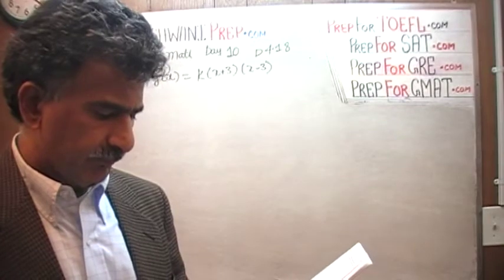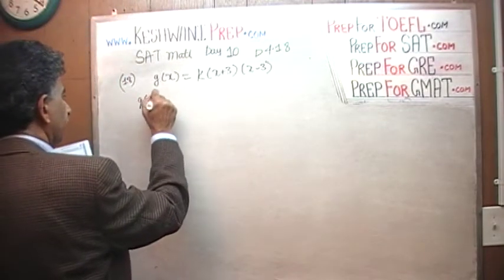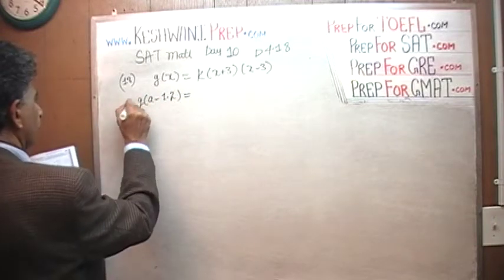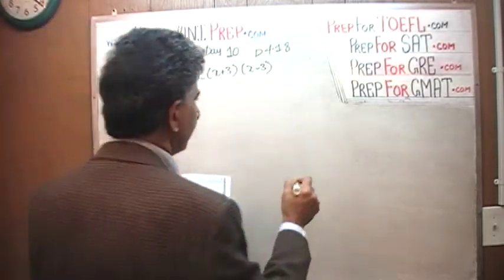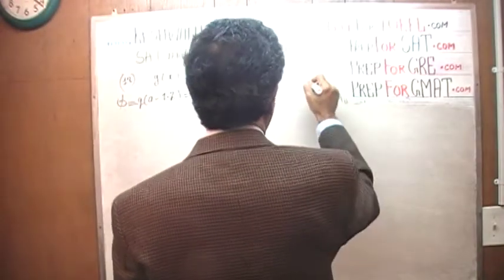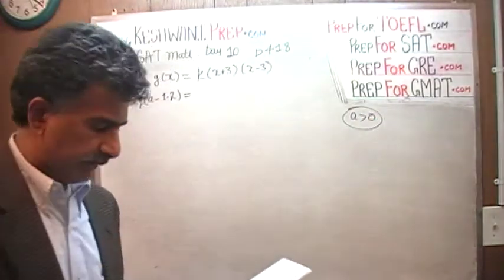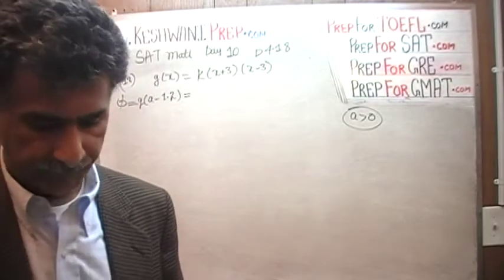And we are told that g of a minus 1.2 is equal to 0. And we are also told that a is positive. Let's make a note here that a has to be positive, and that will come in quite handy later on down the road. The question simply is, what's the value of a?